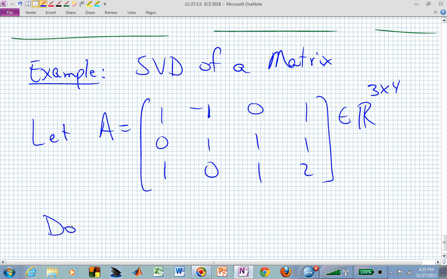Meaning our domain of A is R4. That's where we're pulling the inputs from.